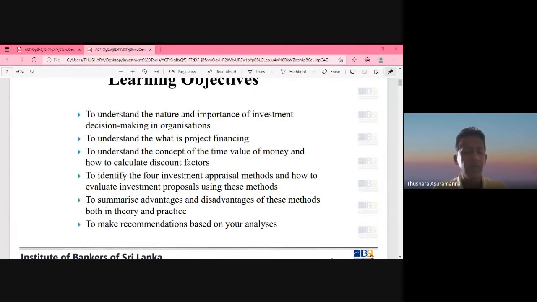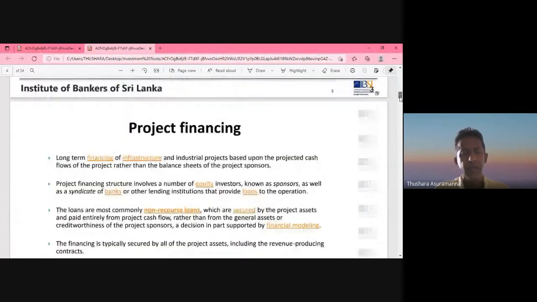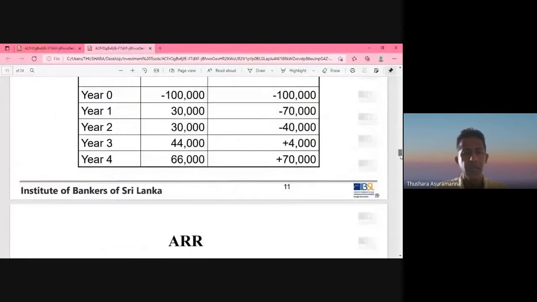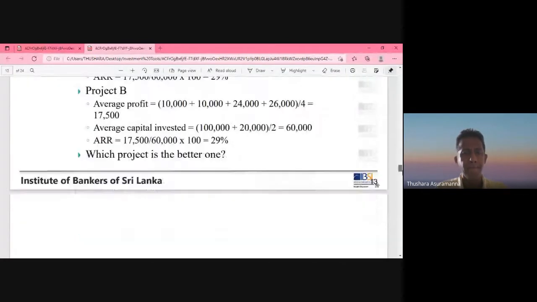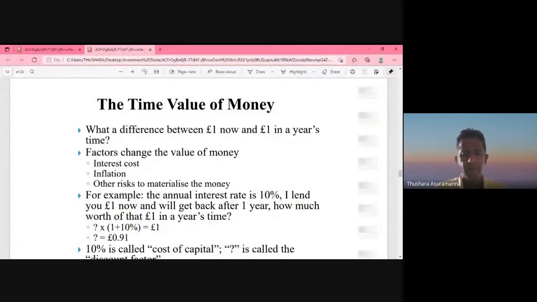Anything that you need further input on? Right? If you don't have anything, we can straight away move to today's one.